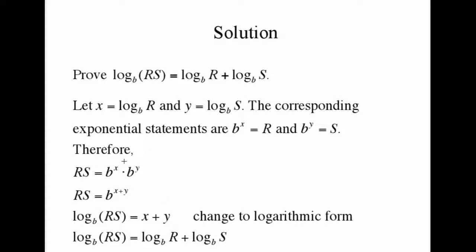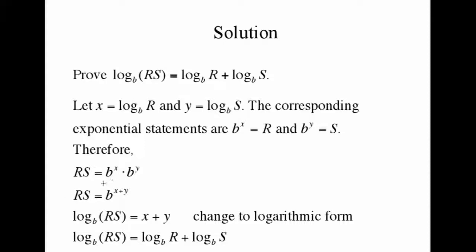If we were to let x equal log base b of r and let y equal log base b of s, the corresponding exponential statements are b to the x equals r and b to the y equals s. Therefore, the product rs would equal b to the x times b to the y, which we can simplify using an exponent rule. rs would equal b to the x plus y.